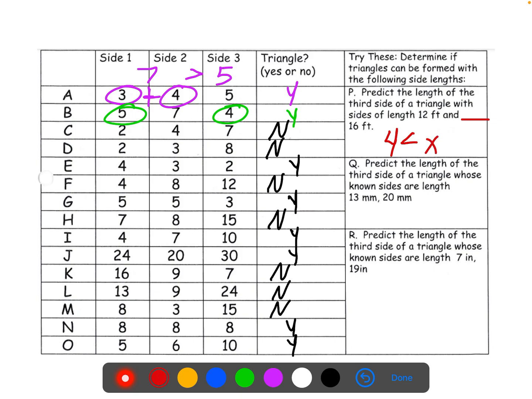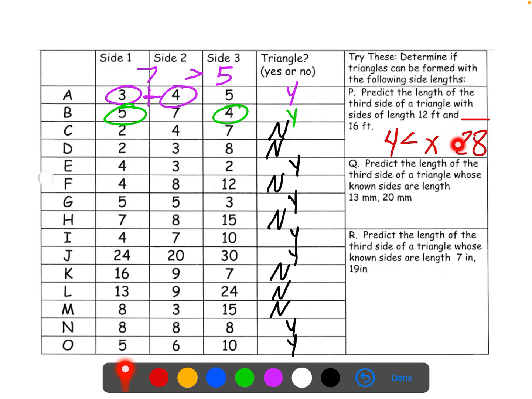And we can get too big with this other side, so we have to be careful. If 16 is not my longest side, that would make 12 and 16 my two short sides. When I add those together, we get 28, and that is what a side length of the triangle would be that would be too big.